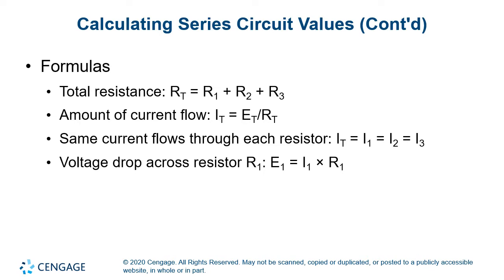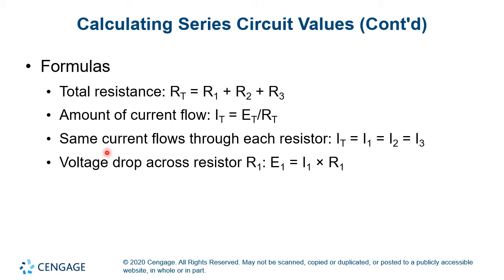And if we want to calculate the current flow, our total current flow is just going to be equal to our total voltage, or our applied voltage, divided by our total resistance. Keep in mind this is just a manipulation of Ohm's law. Ohm's law is that E, voltage, is going to be equal to IR, current times resistance. Just manipulating that equation around, a simple algebraic manipulation, to solve for our total current.